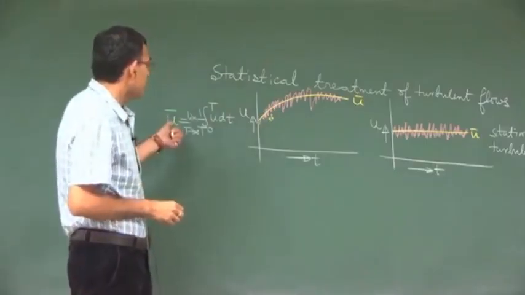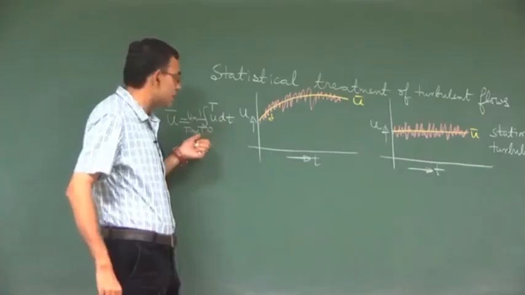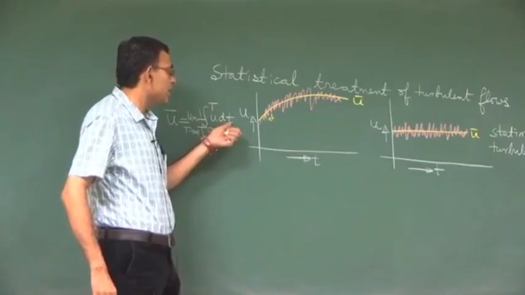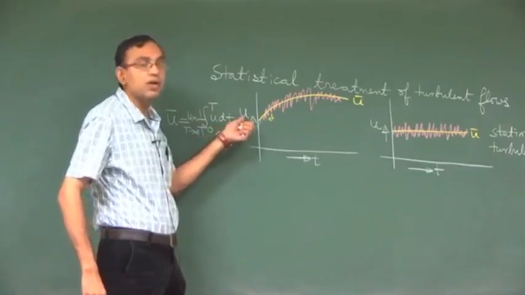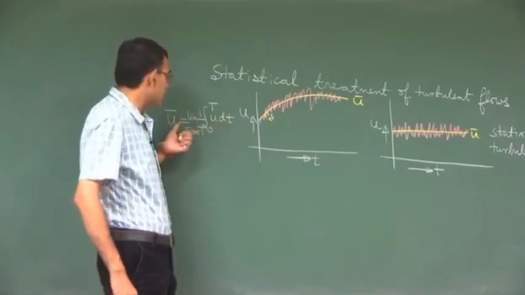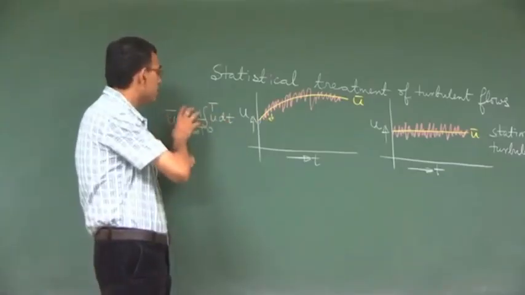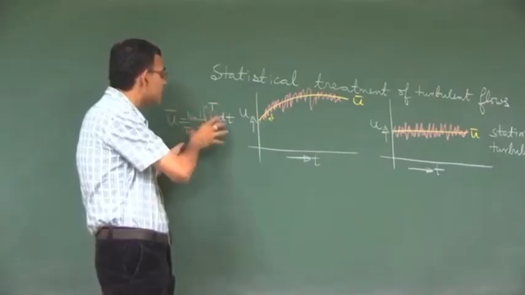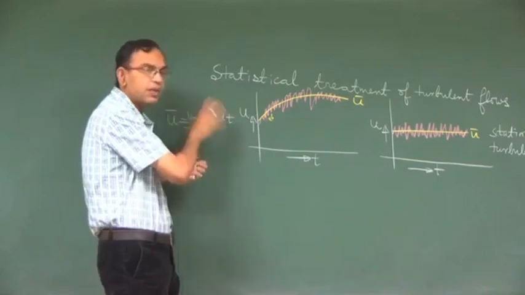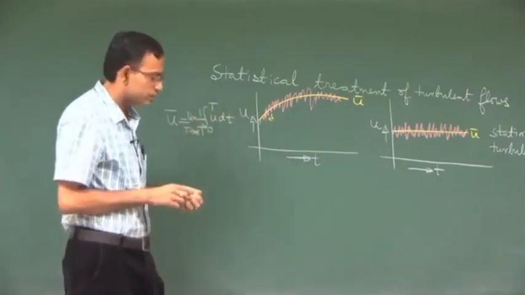Just like this is called time averaging, similarly this averaging can be done over space. Instead of u integrated with respect to time at a given location, you could integrate u over space at a given time, and that will be called a space average. I am not putting any bias, this is just the standard way of calculating the average, no matter whether it is time average or space average, the concept remains similar.